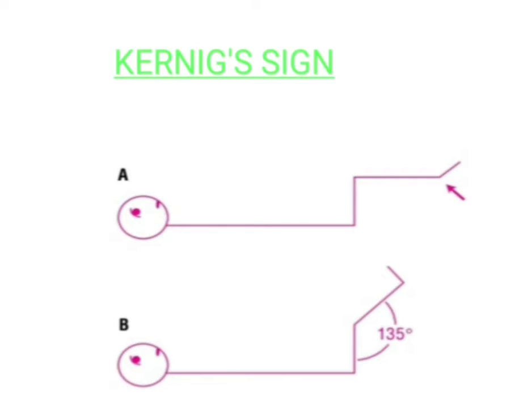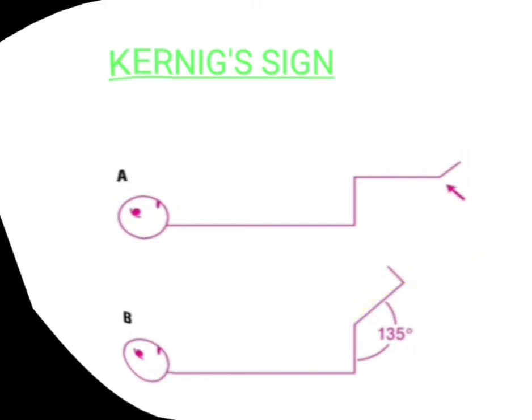In the second figure B, once the knee angle reaches 135 degrees, a contracture or extensor spasm occurs. That means you can see a painful extension, contracture or resistance of the patient, which indicates a positive sign. So this is the Kernig's sign.